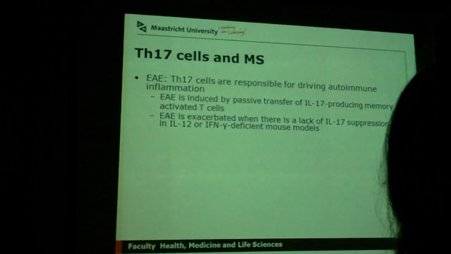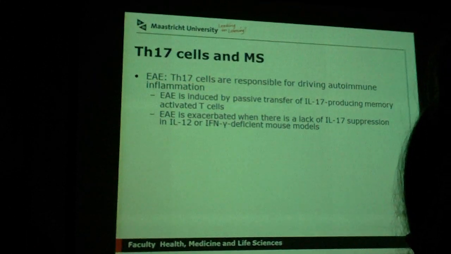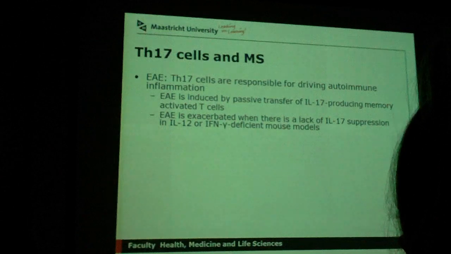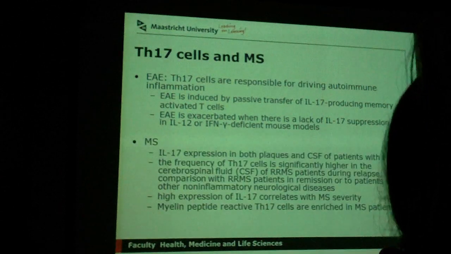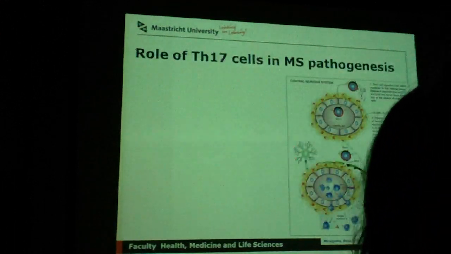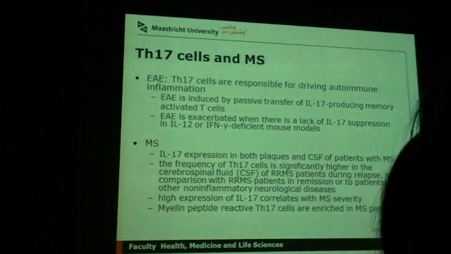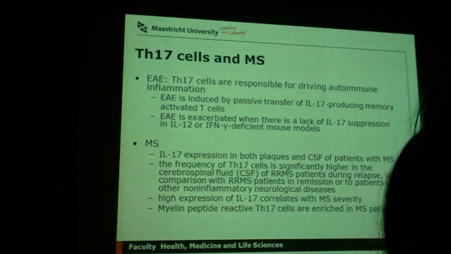So if you take away interferon gamma, Th17 response can get worse and pathology gets worse. In MS, then, there's also some indication that IL-17 is importantly involved in the disease. So you can find expression both in the plaque, so in the brain of the MS patients, and in the cerebrospinal fluid.